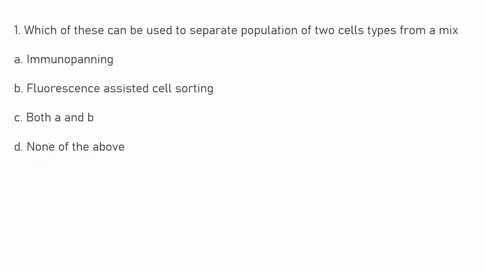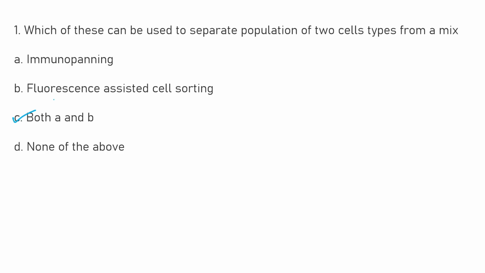If anyone has any idea of which option is correct, you can type it in the chat box and then I'll discuss. Yes, so the correct answer is both A and B.